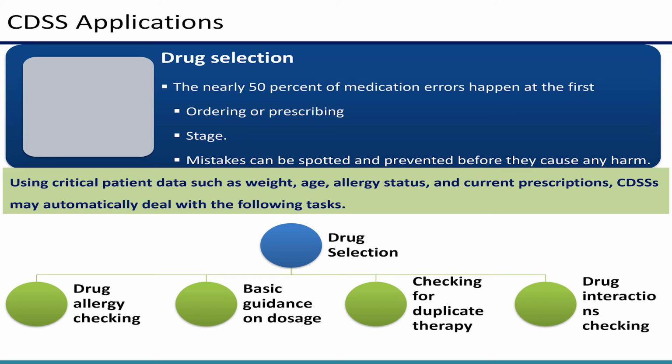Third, checking for duplicate therapy. And the last task is drug interaction checking. With the help of these four basic drug selection tasks, medication problems can be solved.